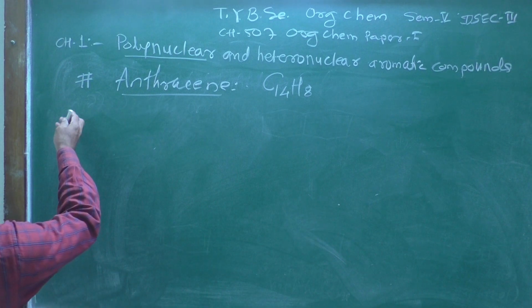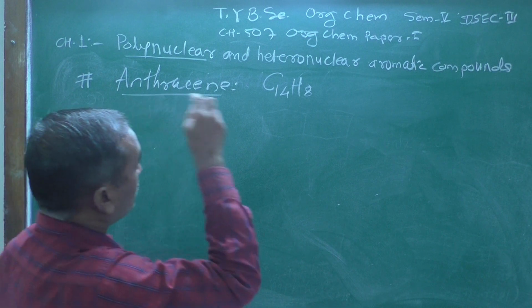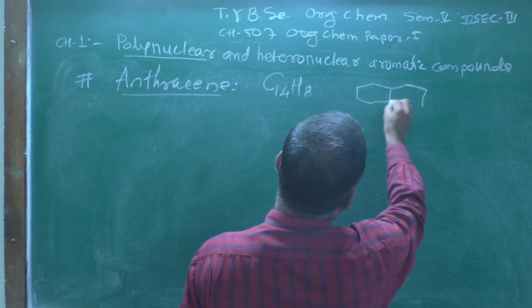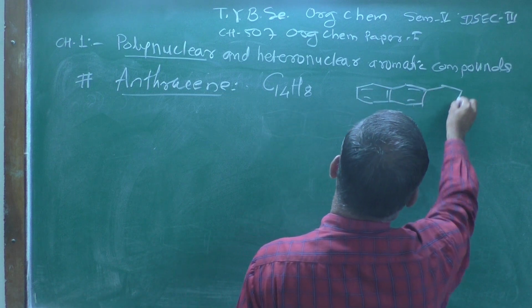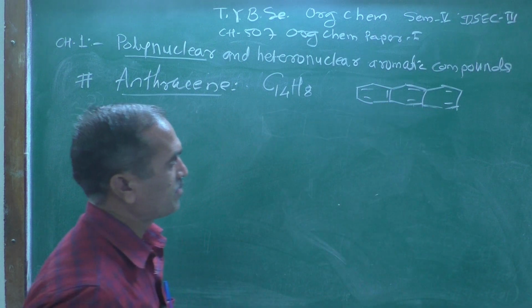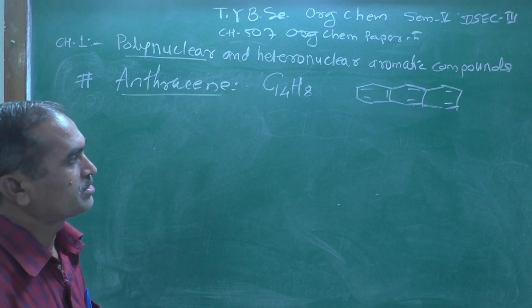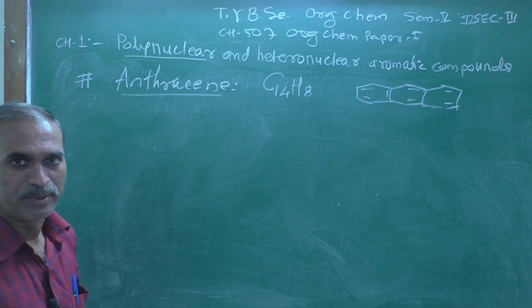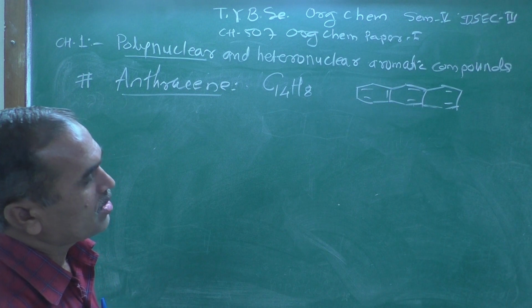Let us discuss how anthracene can be prepared in the laboratory. As we know, the structure of naphthalene will be this one. This is a structure of 3 benzene rings fused together, and this is the structure of anthracene. I have just shown it on the blackboard. Now how do we synthesize this compound in the laboratory?